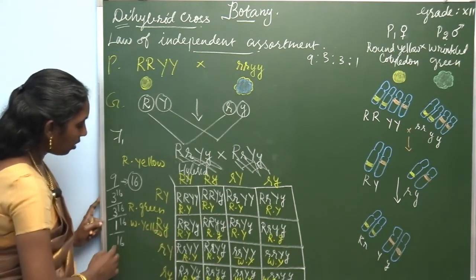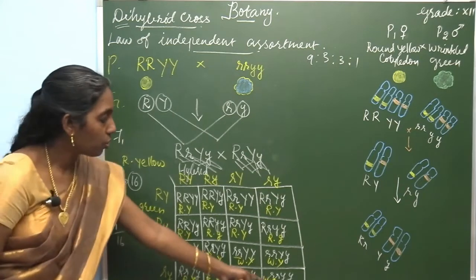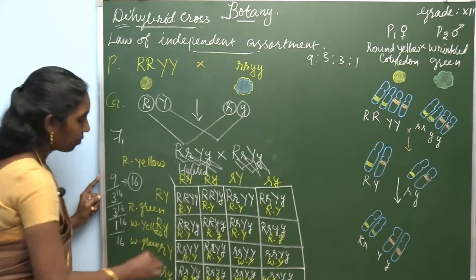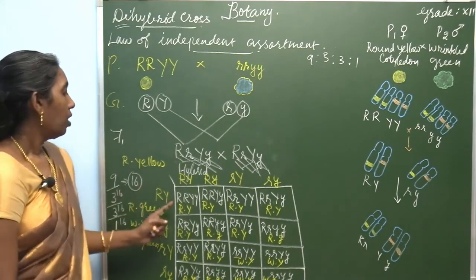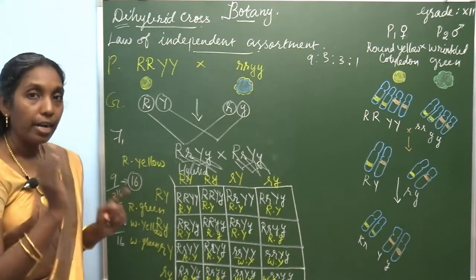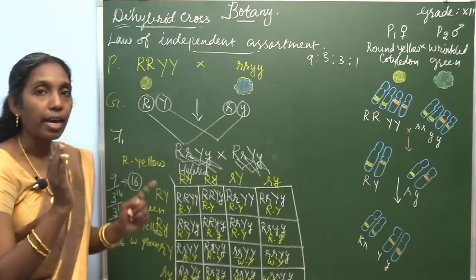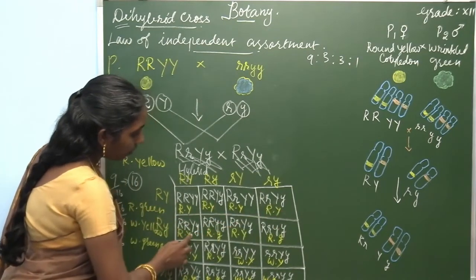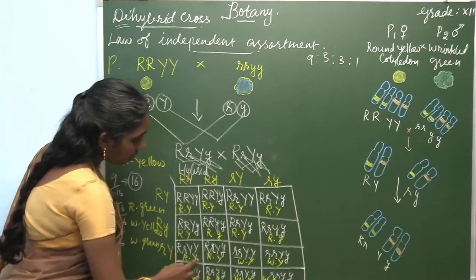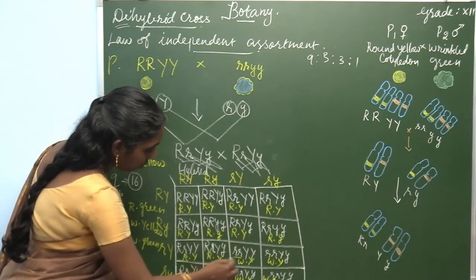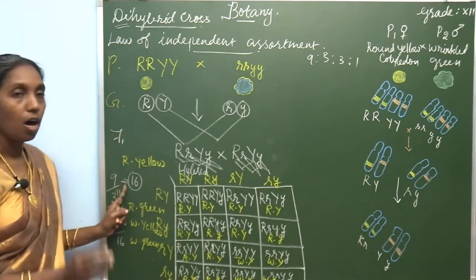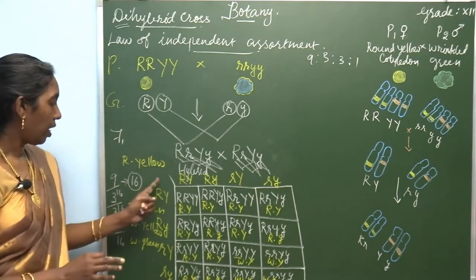And the last one, only one, shows wrinkled green. Let's count. Round yellow, there are 9 out of 16: 1, 2, 3, 4, 5, 6, 7, 8 and 9. So it gives 9 out of 16 round yellow.